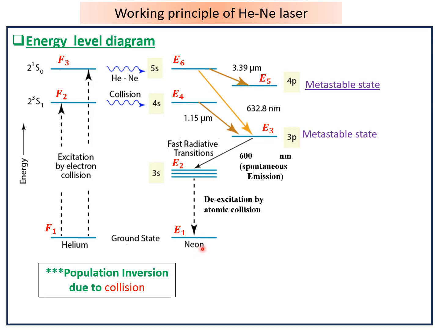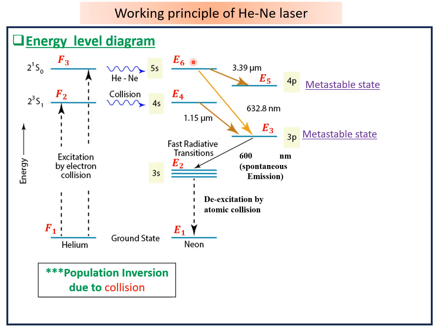As a result of this collision between atoms of the two gases, some neon atoms get excited and raised to the higher energy states E4 and E6, and the helium atoms return to the ground state through de-excitation.